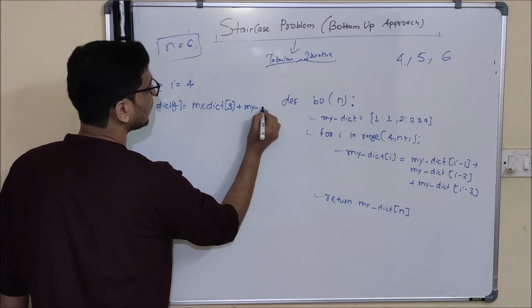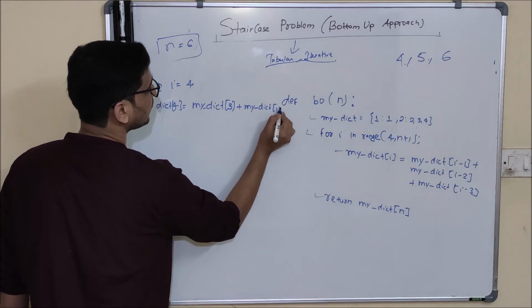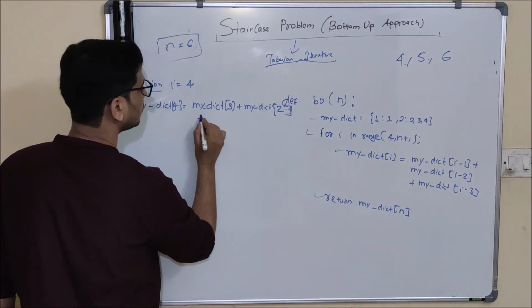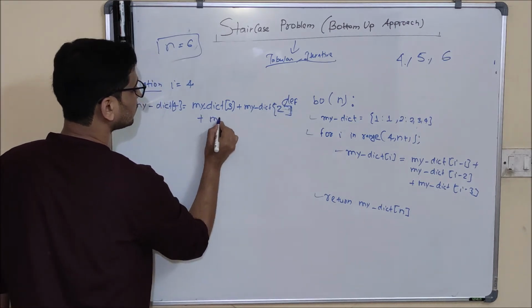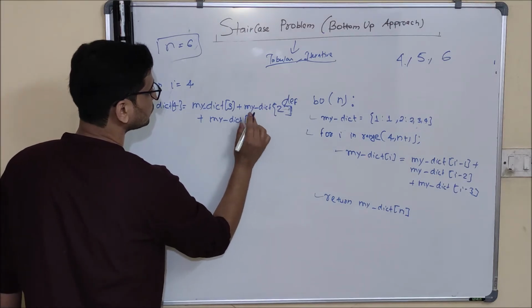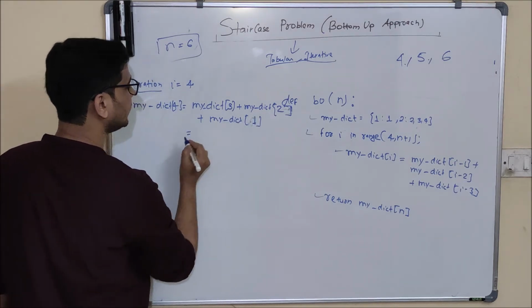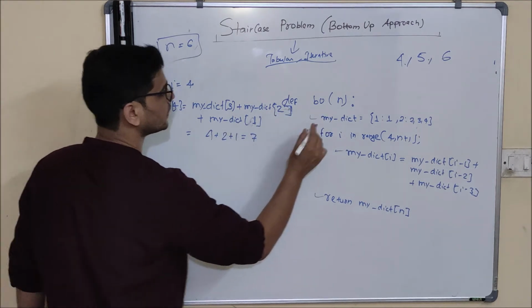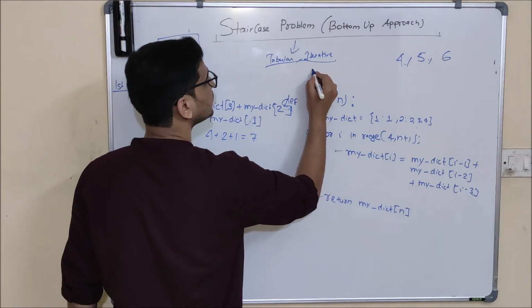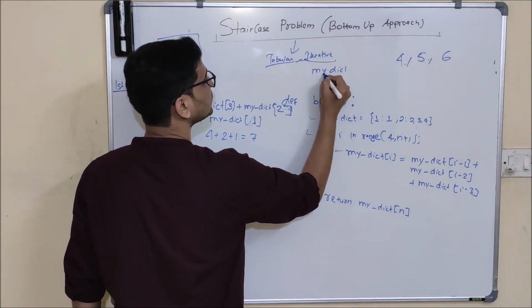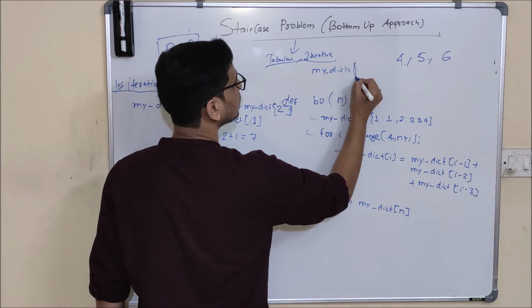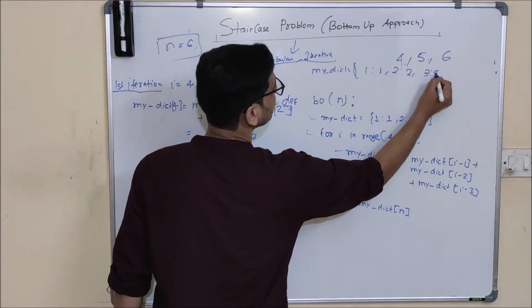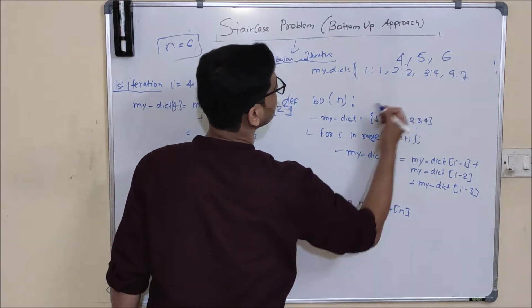This will be my dict of i minus 2, that is 2, plus my dict of i minus 3, that is 1. So it will be equal to 4 plus 2 plus 1, that is 7. And it will update the same thing in the dictionary. Suppose this is my dict: 1 1 2 2 3 4. Now it will update it in the dictionary: 4 7.